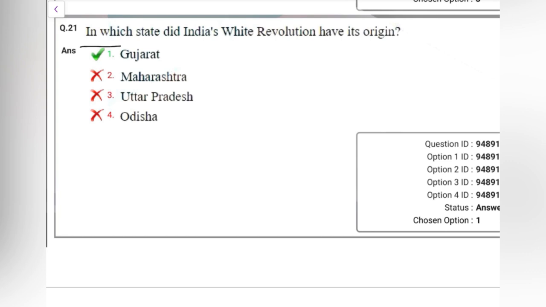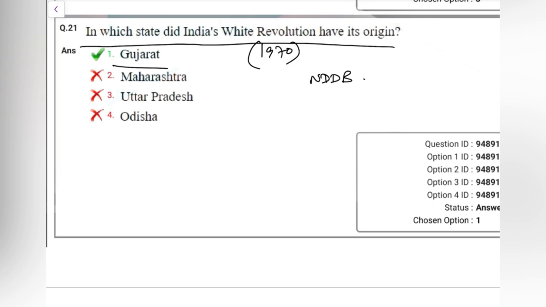In which state did India's White Revolution have its origin? In Gujarat. It was started in 1970. It was an initiative of National Dairy Development Board of India and was the largest dairy development program in the world. National Dairy Development Board.